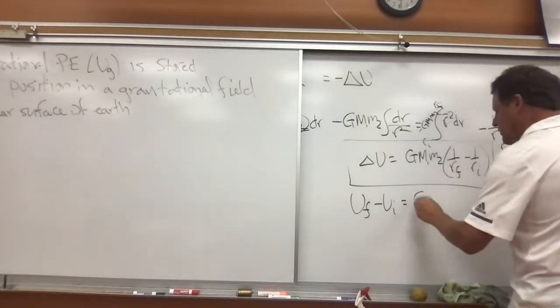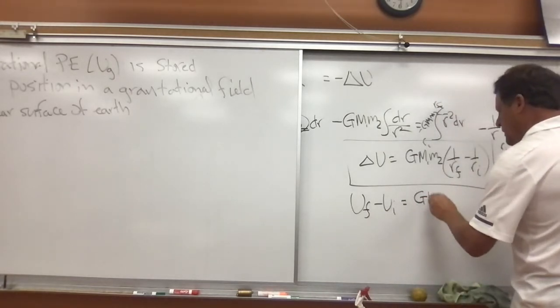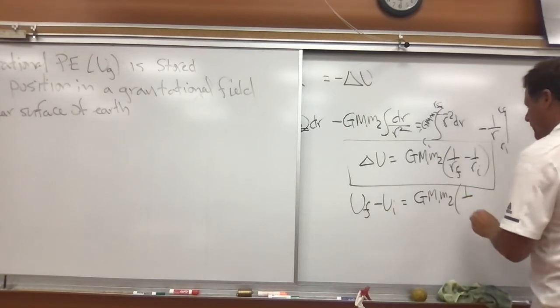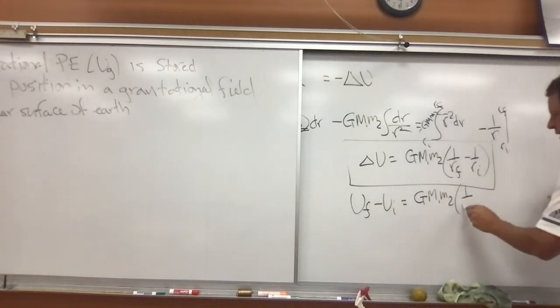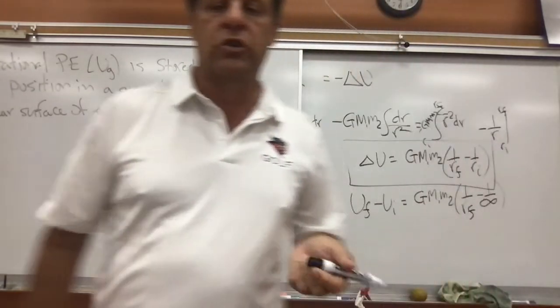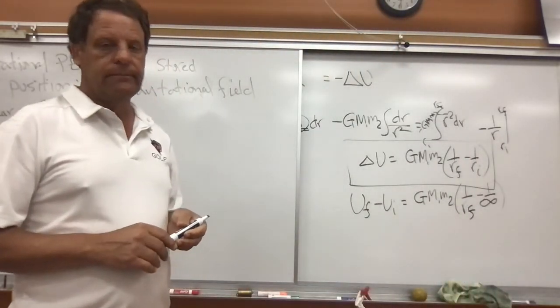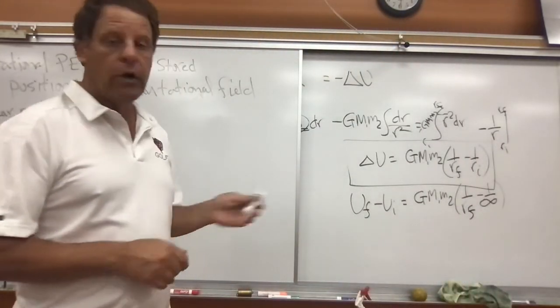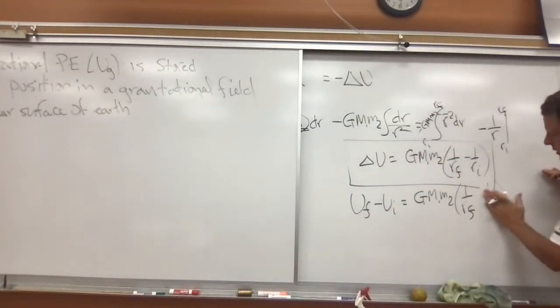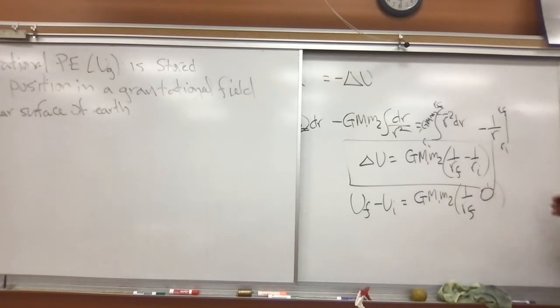It'd be equal to G M1 M2 times 1 over R final minus 1 over infinity, okay? Because our initial position is infinity. Well, 1 over infinity, obviously, okay, is equal to 0, okay?